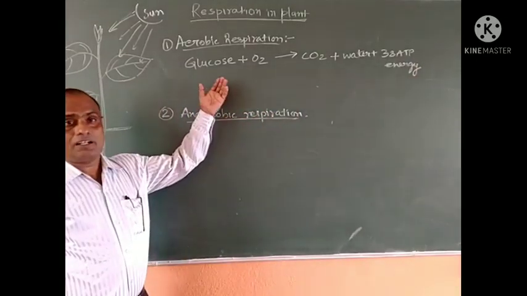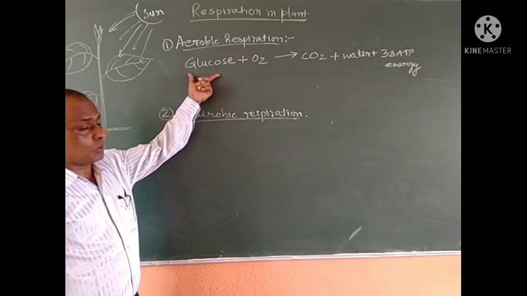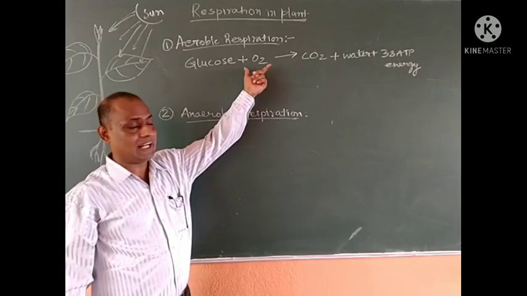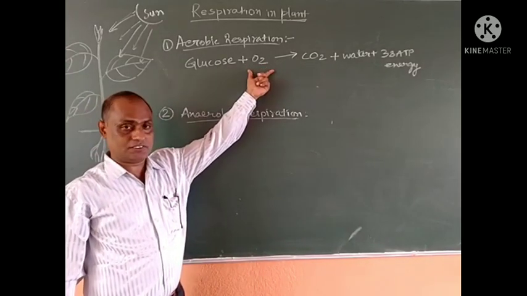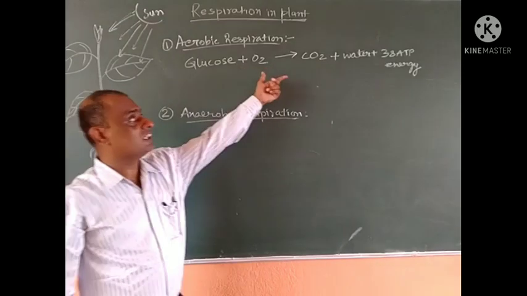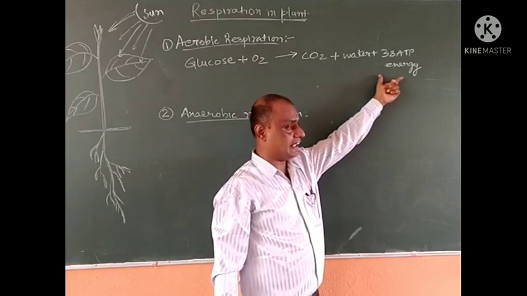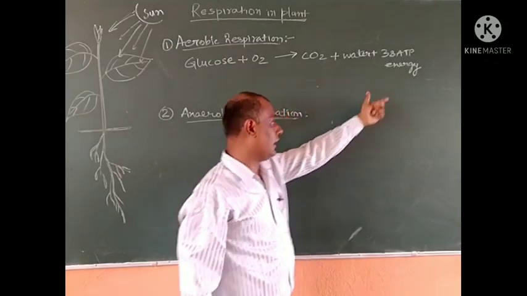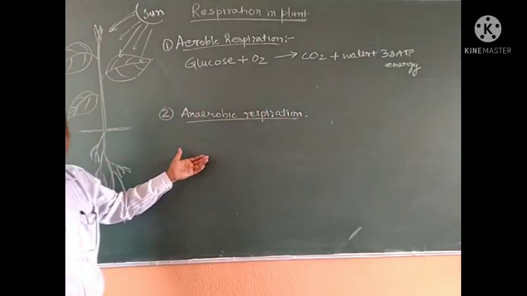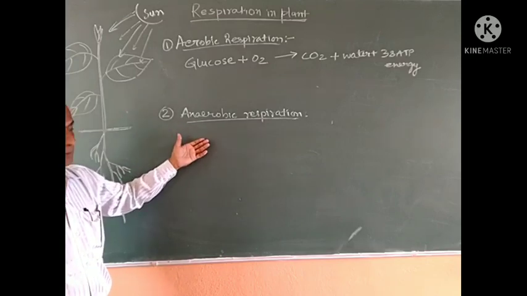As I told, glucose is completely oxidized in presence of oxygen and it produces carbon dioxide, water and 38 ATP energy, which is much higher than the energy produced in anaerobic respiration.